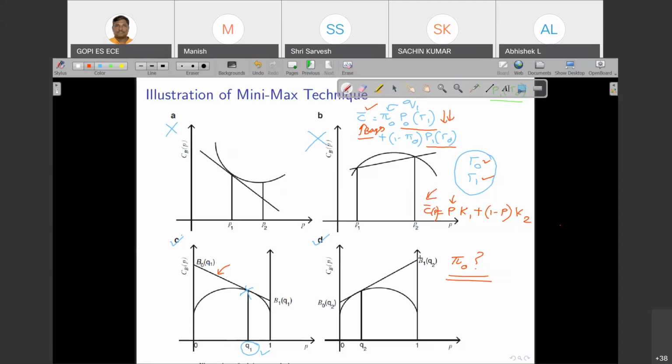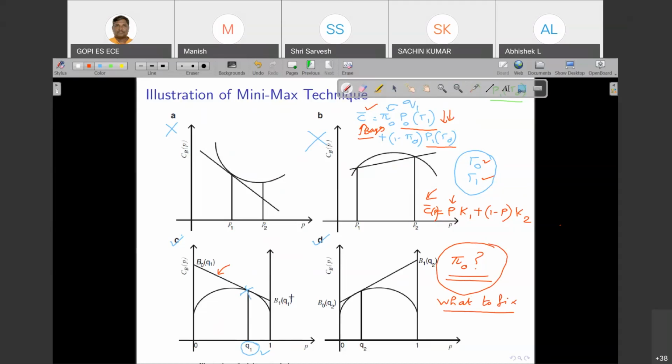Then where should I fix this pi naught, or how should I design the Bayes rule? What is the choice I have to make for this prior probability, which gives the Bayes rule? In other words, what is the value of pi naught I have to fix? That is the question.